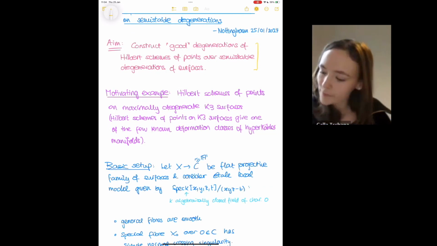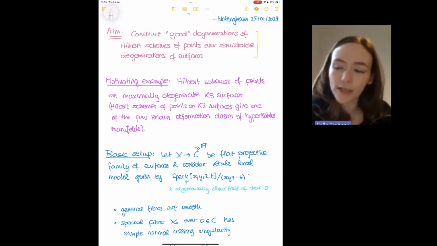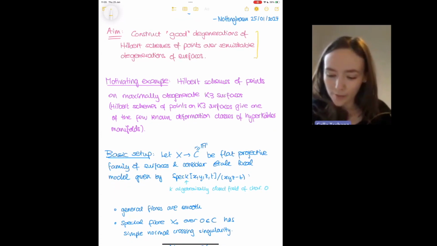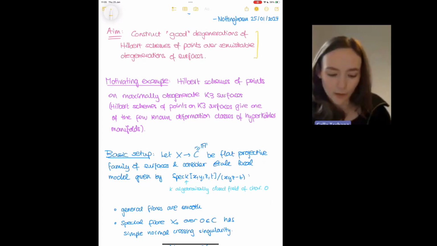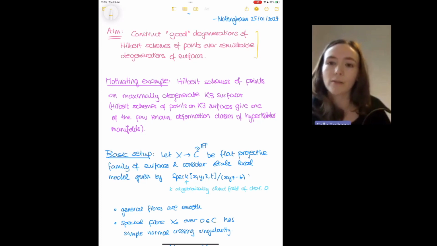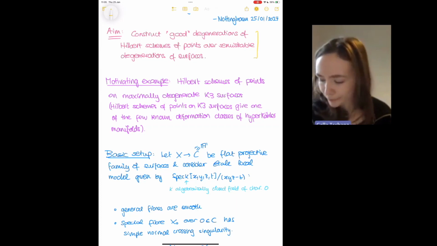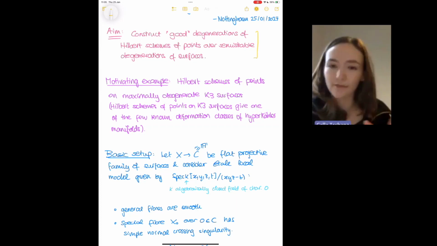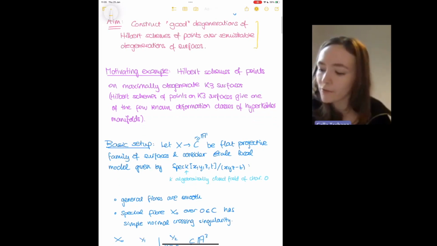That was the original motivation, and it's an interesting question we care about, because Hilbert schemes of points on K3 surfaces form one of only 4 known deformation classes of hyperkähler manifolds, so this is quite an important example to think about. Okay, so this is vaguely the main reason why I wanted to work on this.